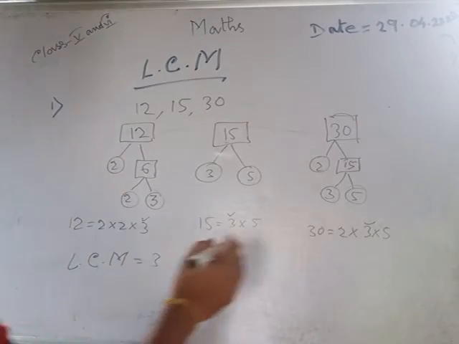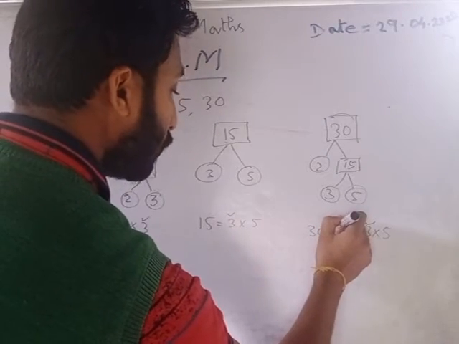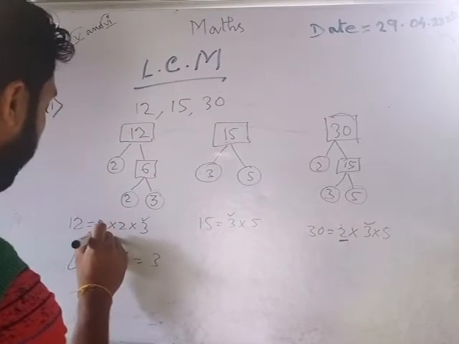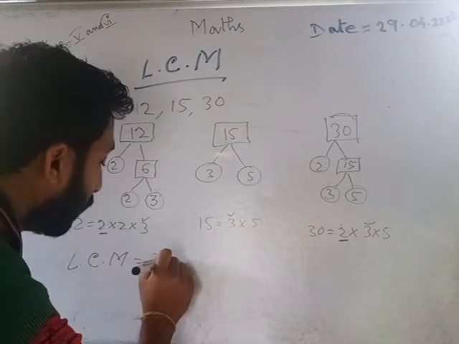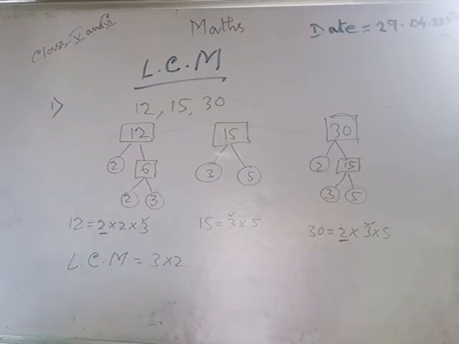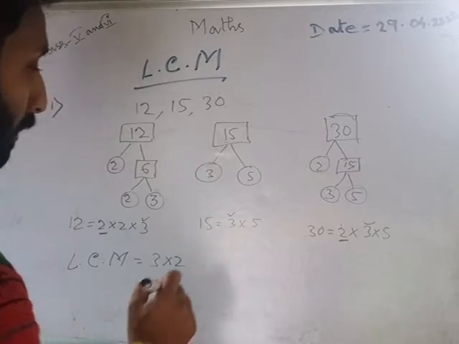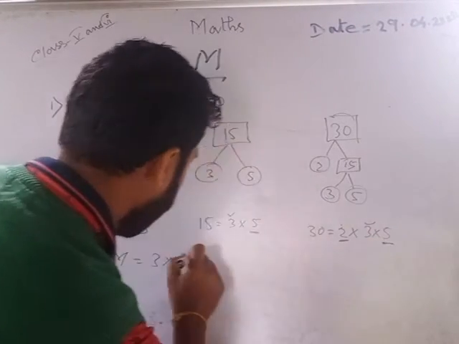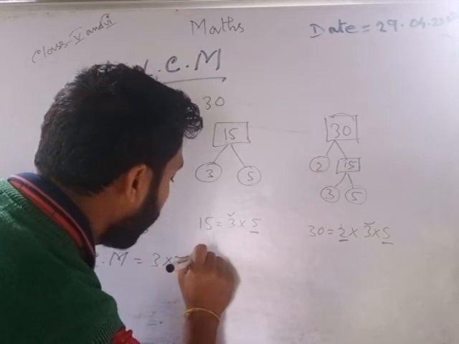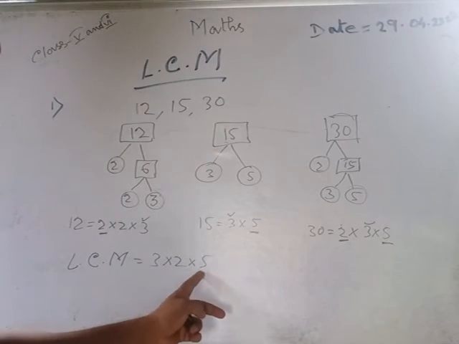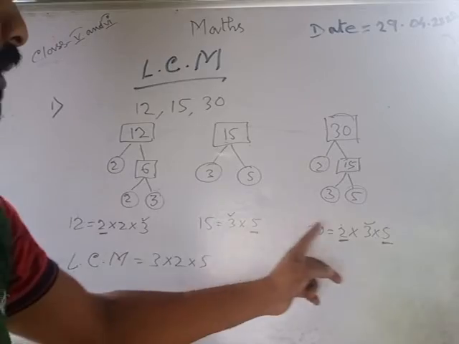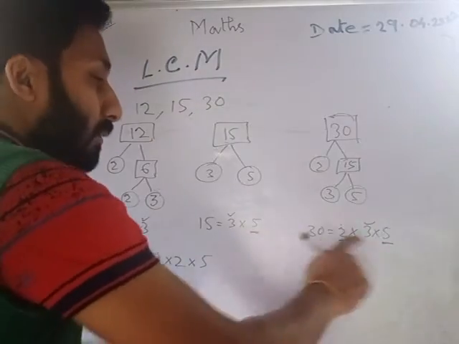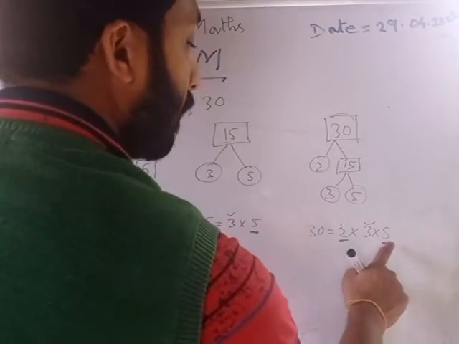After that taking 2 here and here, you should write 2. After that 5 and 5 are there. You should write only 1 times 5, because 1 times 5 is in here and also 1 times 5 is in here.